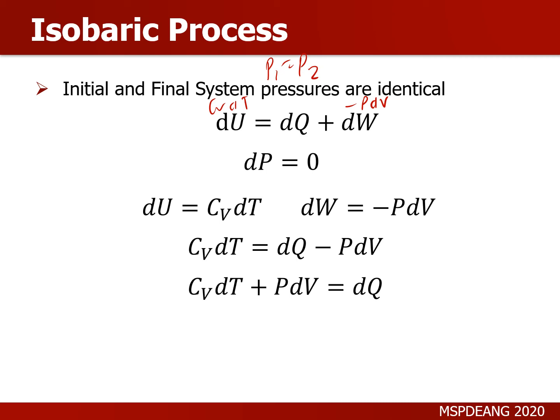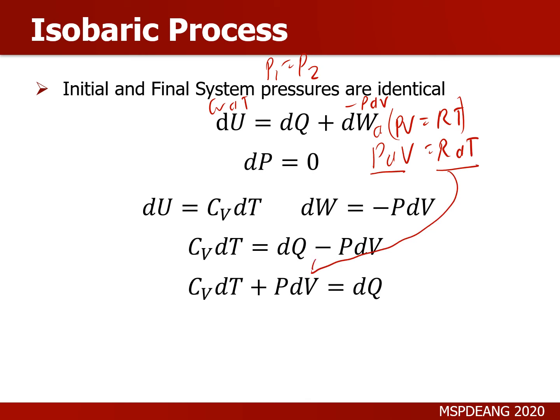However, we can relate P dV in terms of temperature as well. Okay, and how do we do this? Diba? PV is equal to RT. If you take the derivative of both sides, you will get P dV, P is constant, is equal to R dT. P dV is equal to R dT. Substitute, you will get Cv dT plus R dT is equal to dQ.